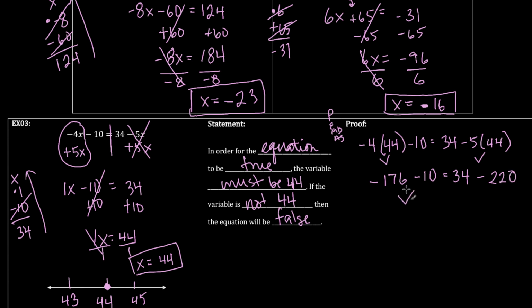So negative 176 minus 10 is going to give you more negatives. I'm just combining a bunch of negatives, right? Minus 186.